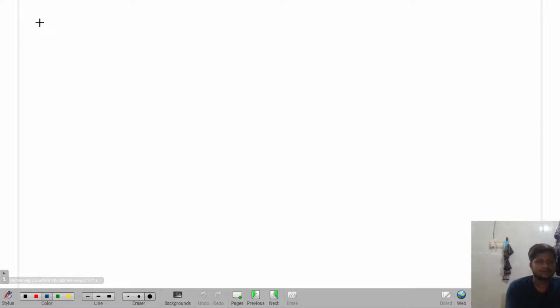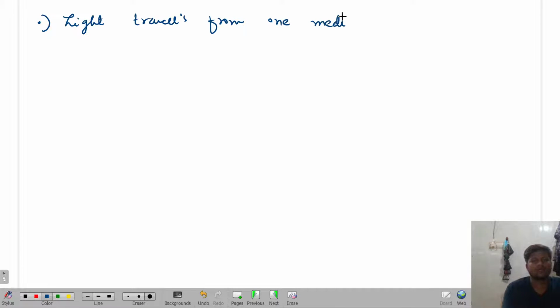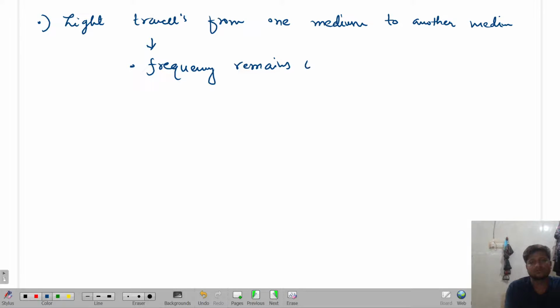If light travels from one medium to another medium, we remember two properties. First, frequency remains constant. Second point, velocity. Suppose medium 1 has a lower refractive index as compared to medium 2, what will happen?